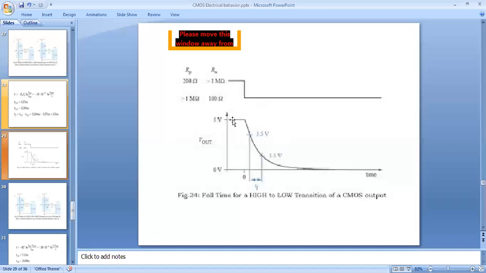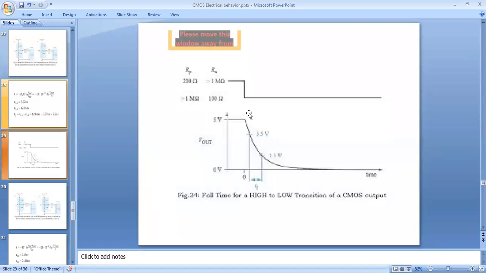VCC. V is nothing but VCC. Therefore V out equal to VCC into e power minus t by Rn CL, that is tau, Rn CL.